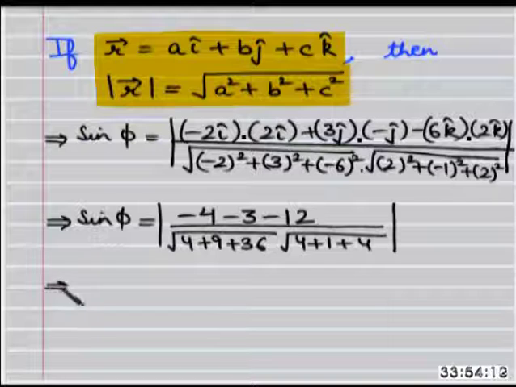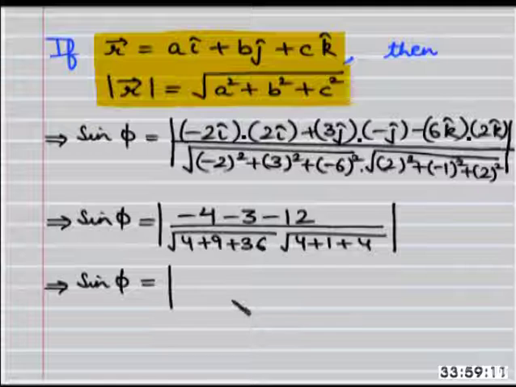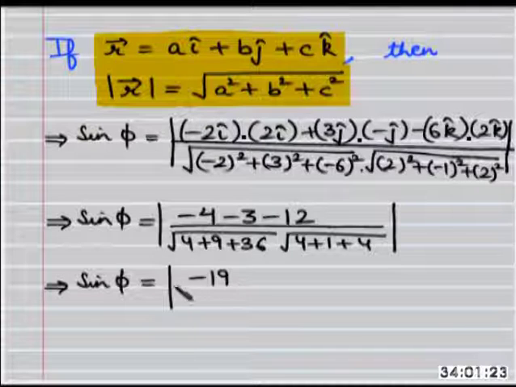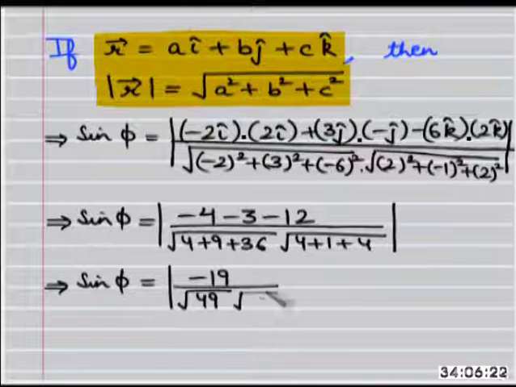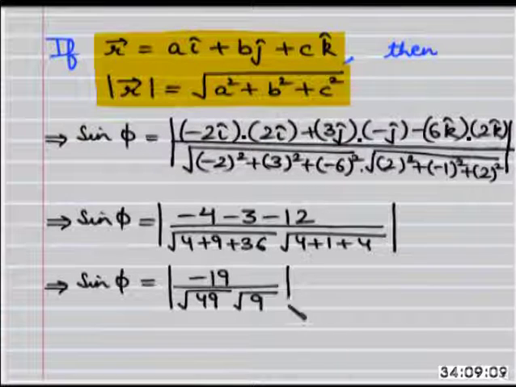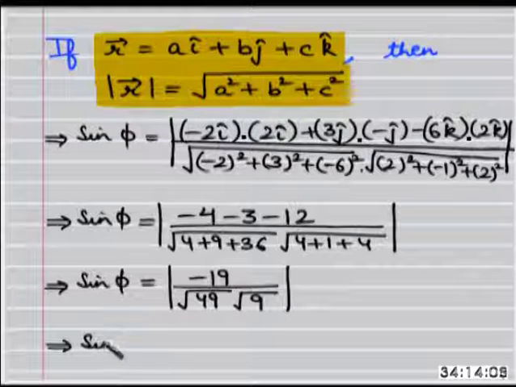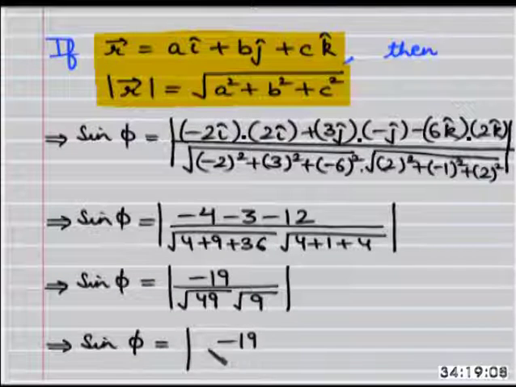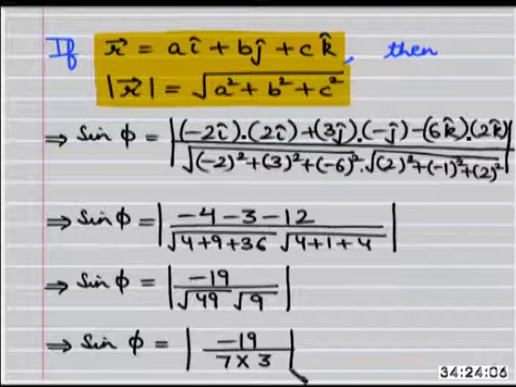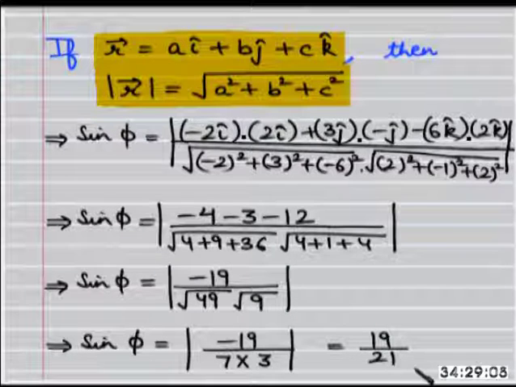This implies sin phi is equal to modulus of minus 19 whole divided by square root of 49 into square root of 9, which further implies sin phi is equal to modulus of minus 19 whole divided by 7 into 3, which is equal to 19 upon 21.